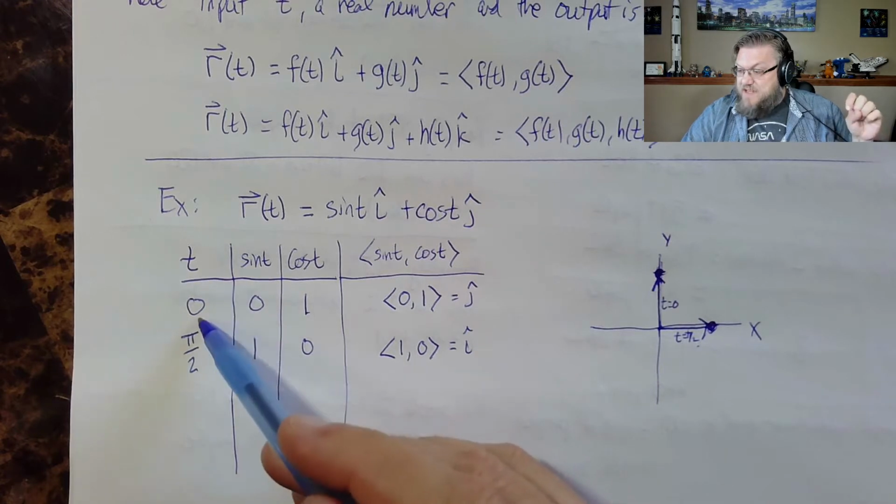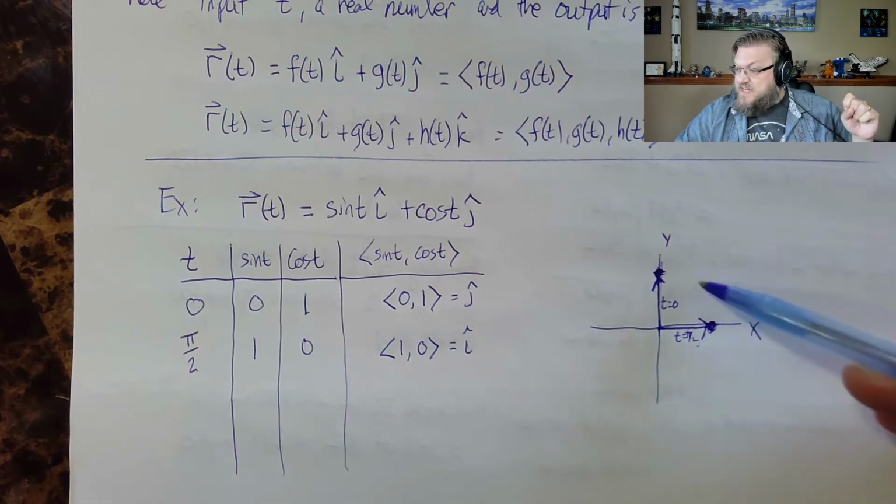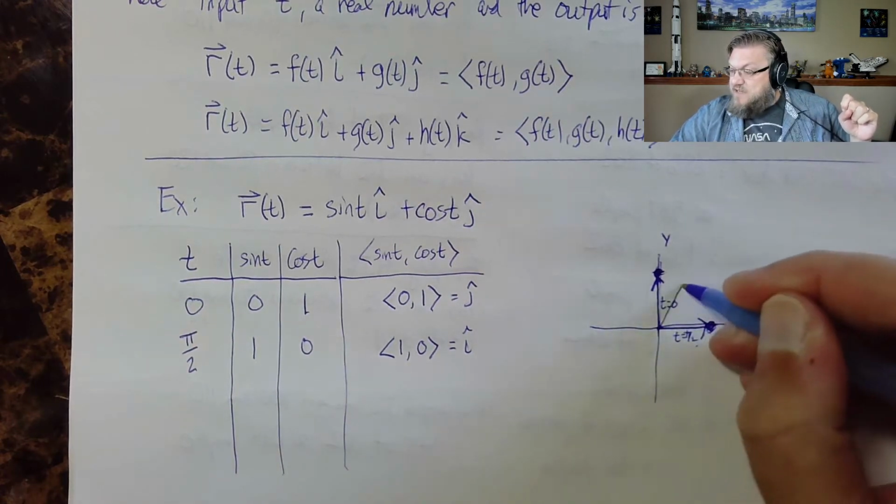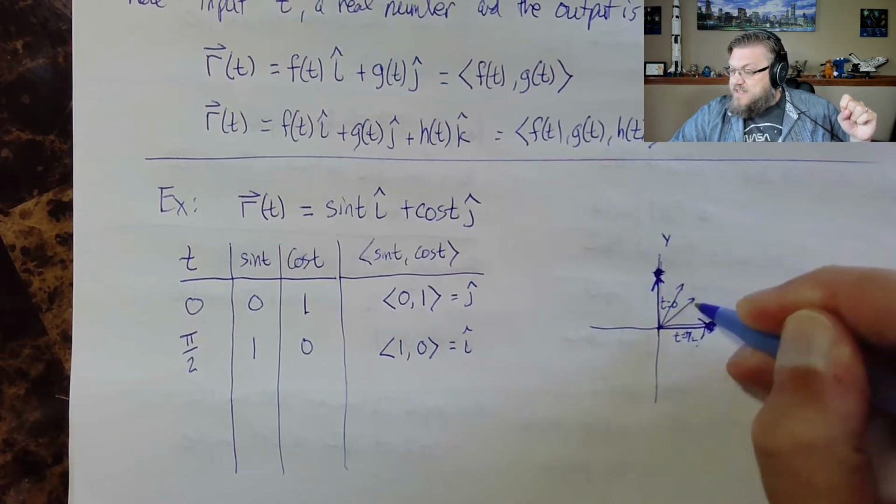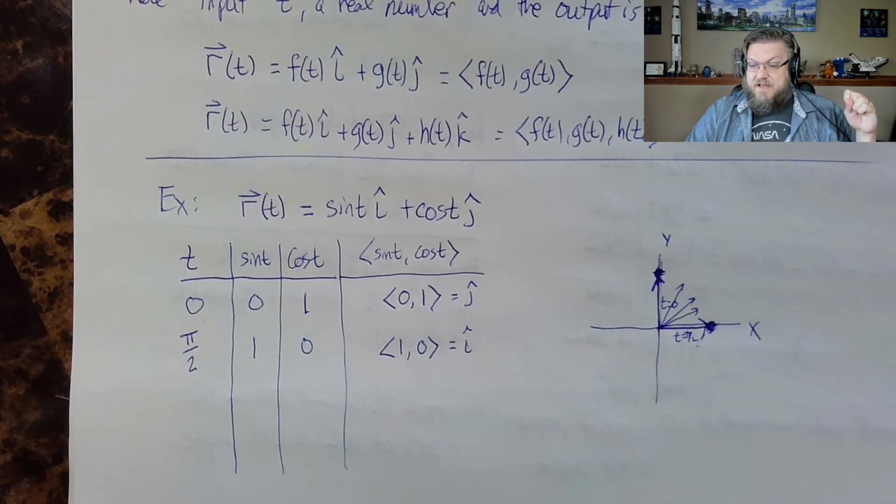Continue this process, maybe putting time values in between to fill in the details. You'll get a vector pointing like this, and like this, and like this. And if I actually plot the arrows themselves, I'm going to get a really busy picture, maybe too busy. Does that make sense? So what we often do instead is just plot the point at which the vector is pointing.